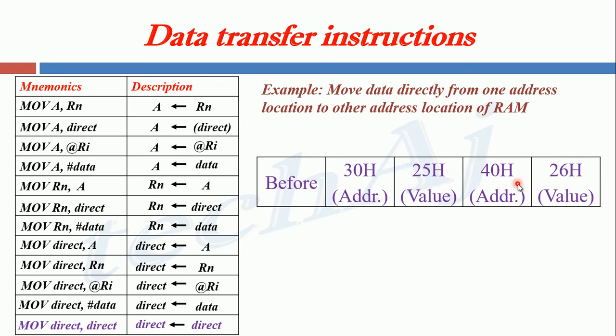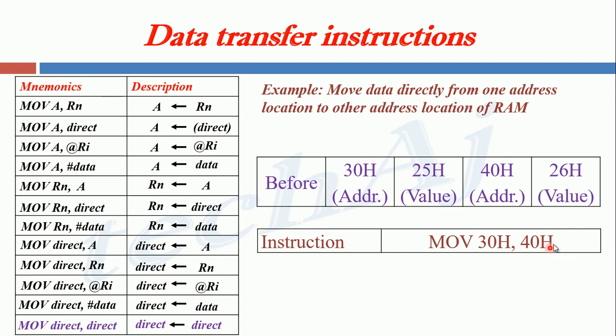Another address 40H has the value 26H stored. If we execute the instruction MOV 30H, 40H, the value will be copied from the address location 40H to the address location 30H. After the execution of this instruction, we'll get the value 26 copied at this location.